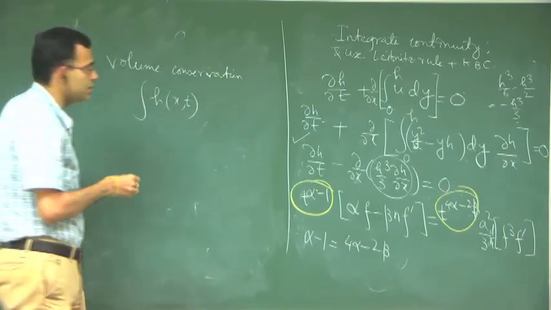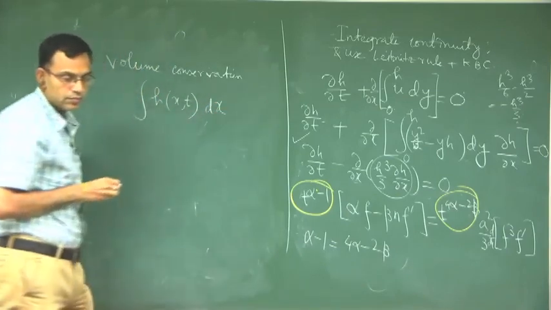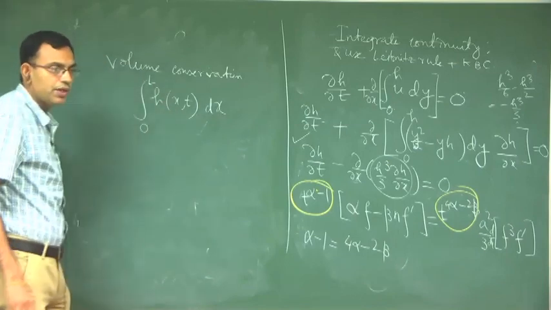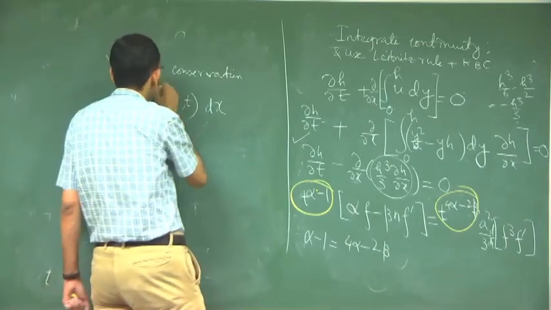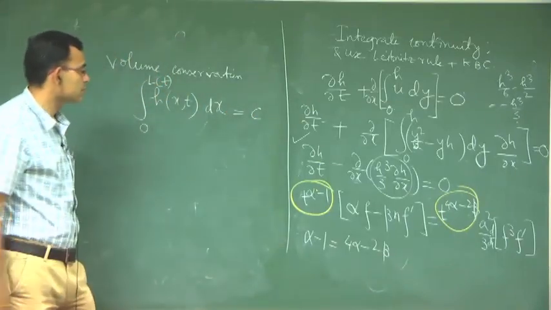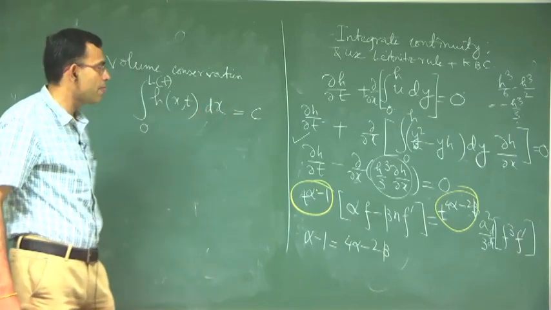So volume conservation, if L is the length of the footprint of the droplet, which is a function of time, this is constant, and this constant you can scale arbitrarily.